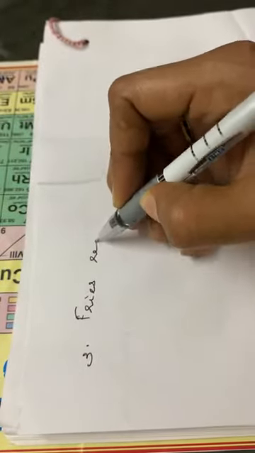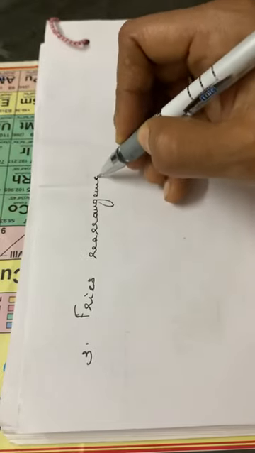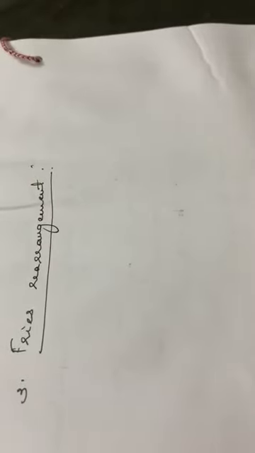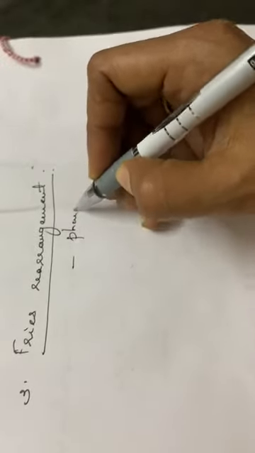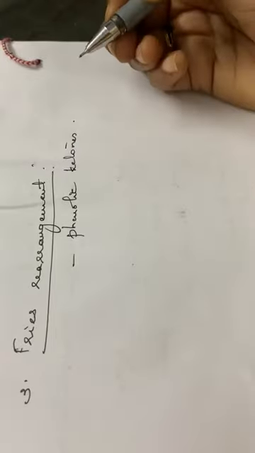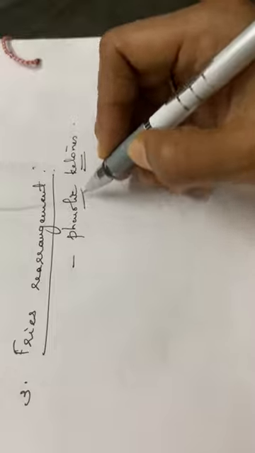See, this Fries rearrangement is used for the preparation of phenolic ketones. Phenolic ketones, that means the formed compound will have a keto group as well as an OH group. Okay, so that is the Fries rearrangement reaction.